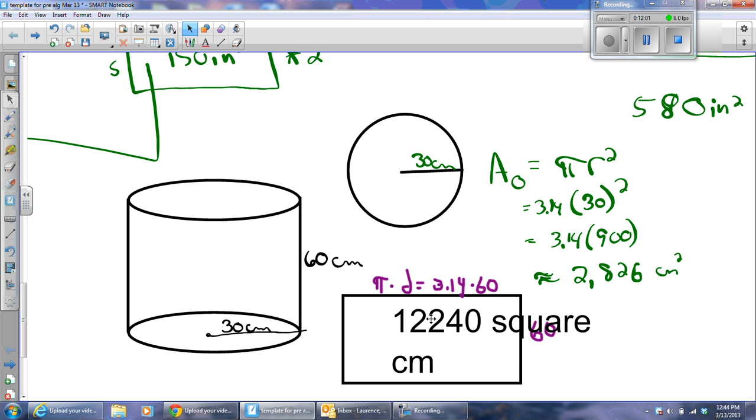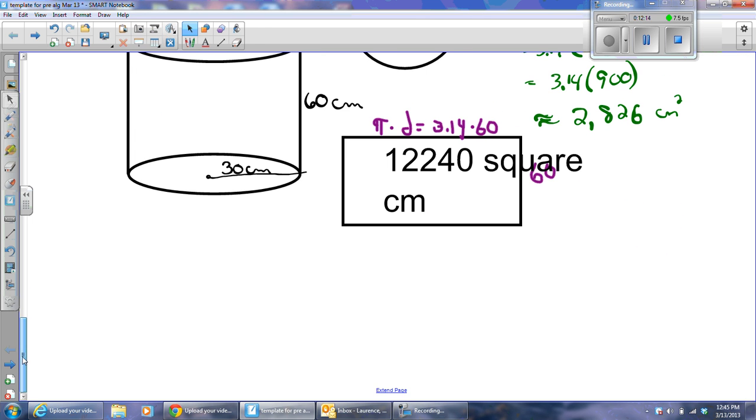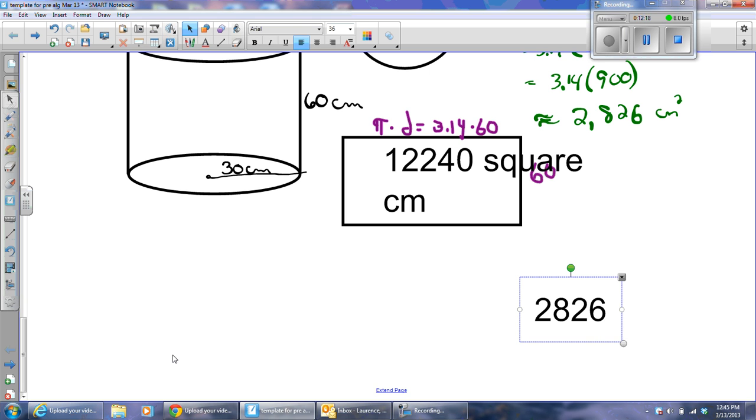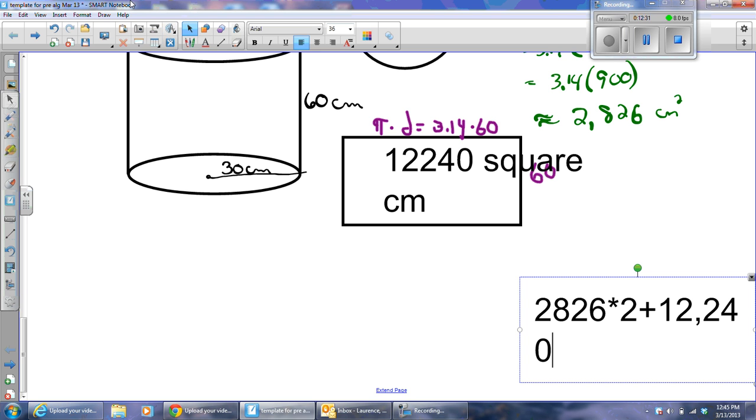So now, that's the area of the body. So I need to take the 2,826 and multiply it by 2, because there are 2 circles. So I'm going to take 2,826 times 2. And then I have to add 12,240.